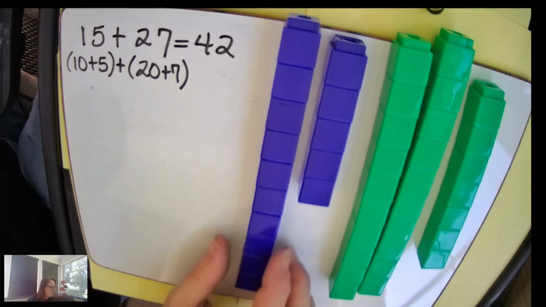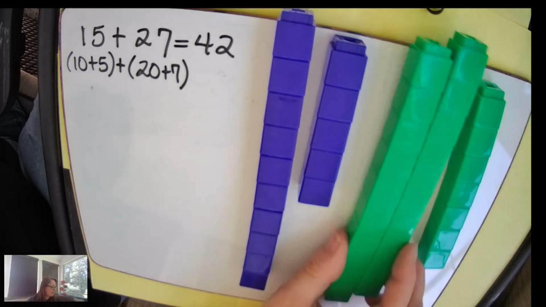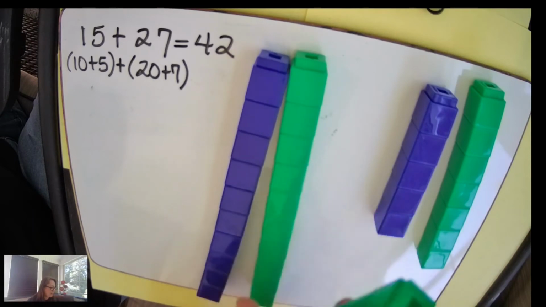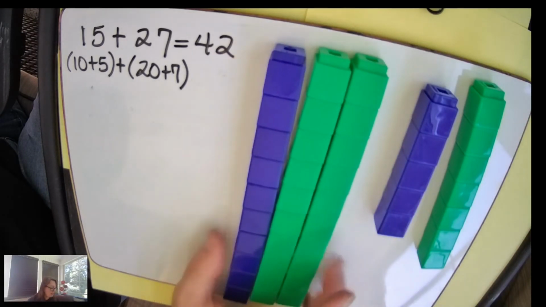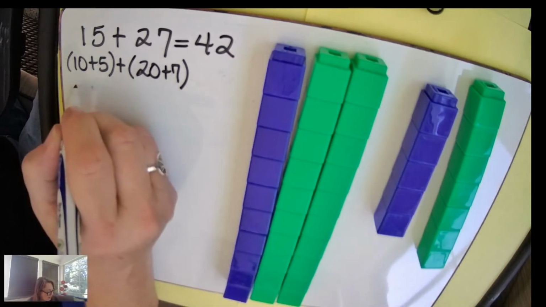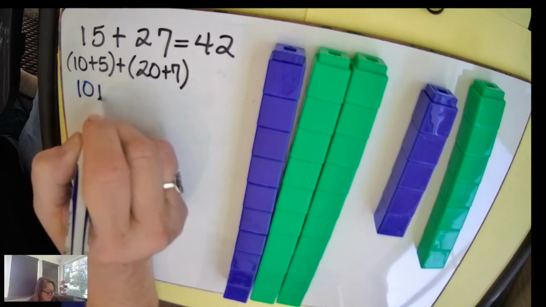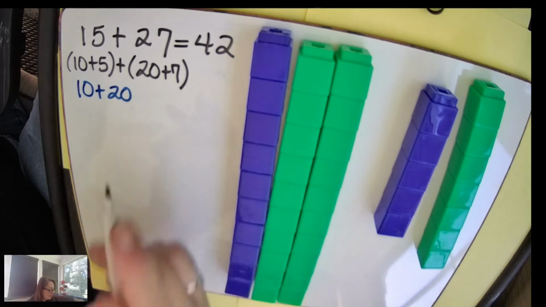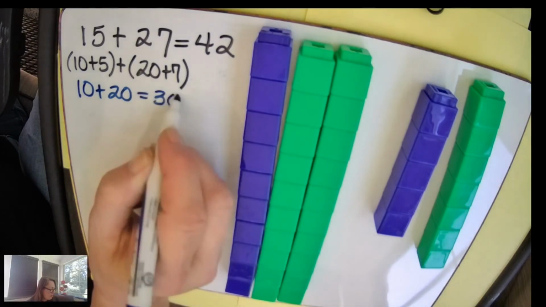So Lydia says that she combined the 10s, 10, 20, 30. So 10 plus 20 equals 30.